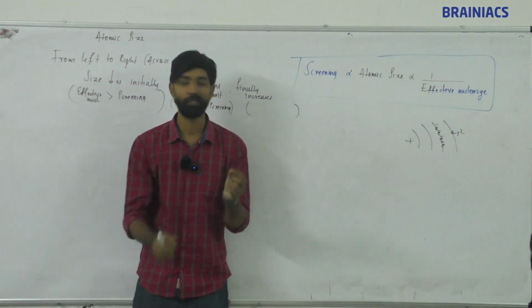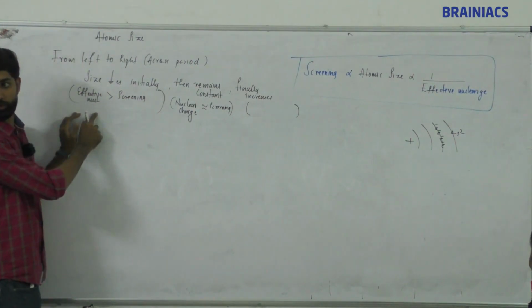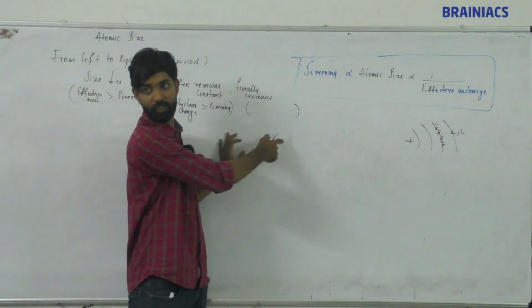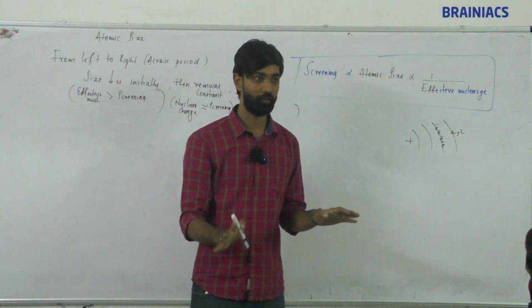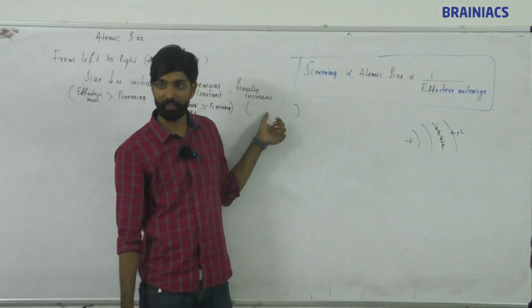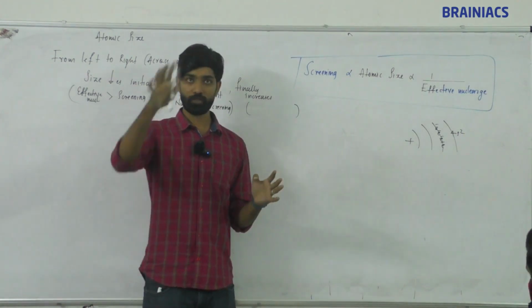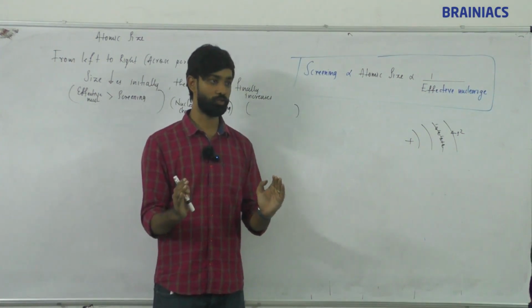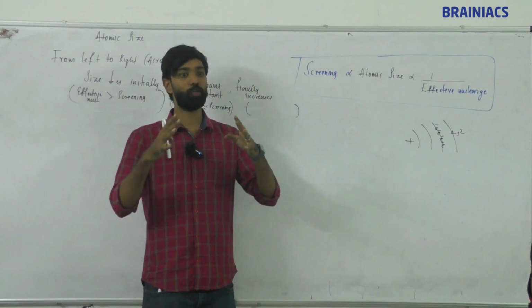Here 3d has space for 10 electrons: 3d1, 3d4, 3d5, 3d6, 3d8, 3d9, 3d10 is the maximum capacity. From 3d9 to 3d10, what happens? Electrons have repulsion because it is crowded. The shell can accommodate a maximum of 10 electrons, where presently it is 9 or 10, so there is electron-electron repulsion.